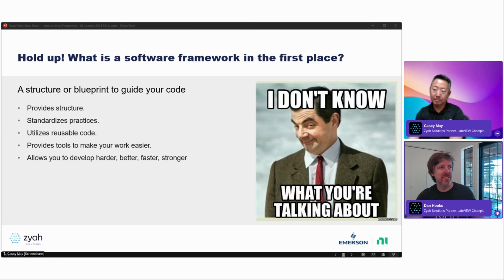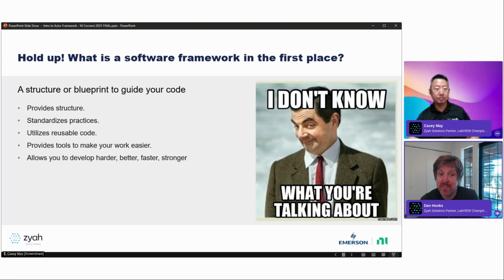I wasn't sure of the correct definition, so I plugged that into Google and got the AI summary back. Here you're seeing a slide that's my summary of the AI summary. It was probably wrong, but it sounds pretty good. A software framework is a structure or blueprint to guide your code. It gives some shape and structure to how you do things. It standardizes practices.